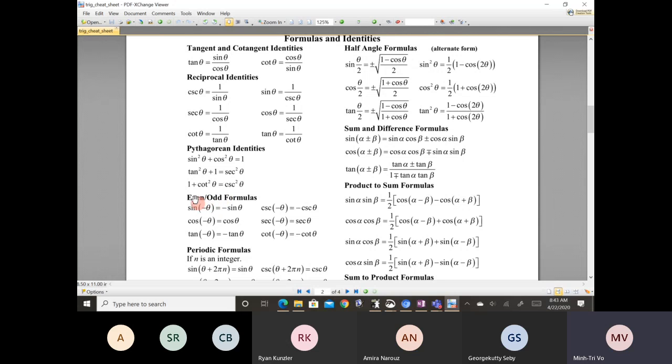For the functions that are even, which cosine is, when you have a negative angle, the function behaves the same as if the angle were positive. That's what this formula is saying. And for an odd function, which sine is, when the angle is negative, basically the negative comes out of the function, and you get it like this.